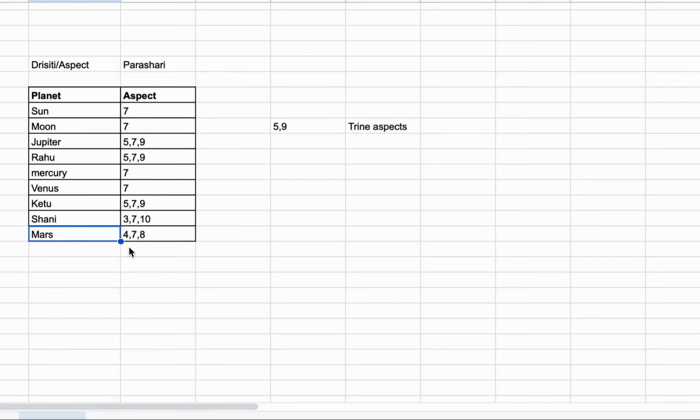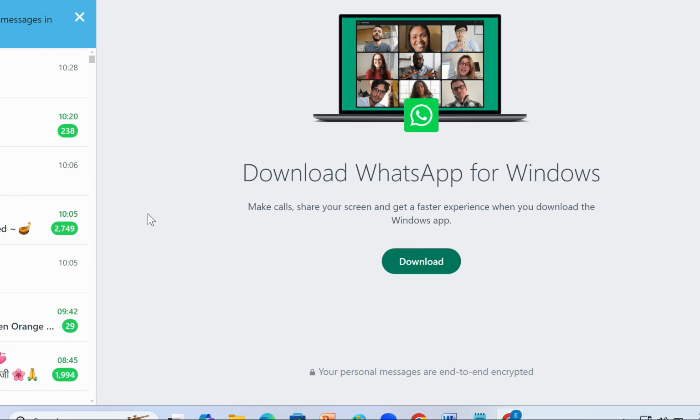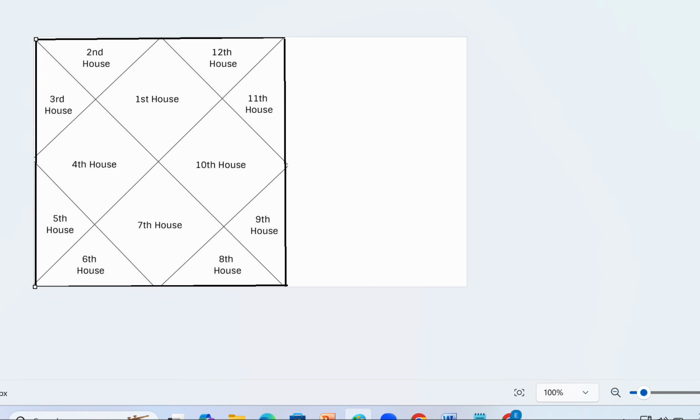Now, you understood till here? Yes. With one example, it will be much better. Very simple. Suppose Jupiter is sitting in the first house in an Aries Lagna chart. Starting is the Aries sign.